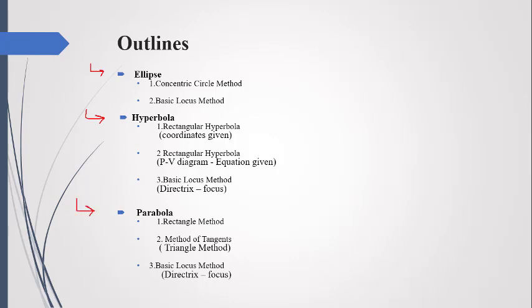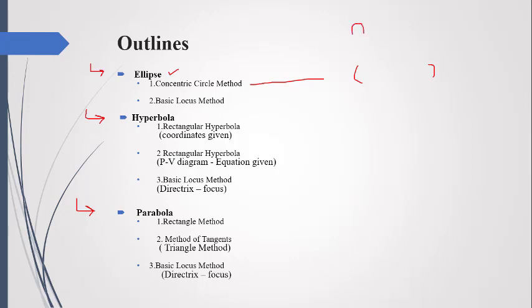The first one is ellipse. For the construction of an ellipse, we will see two methods. The first one is the concentric circle method and the second one is the basic locus method. In the concentric circle method, we will see how an ellipse can be constructed using concentric circles.